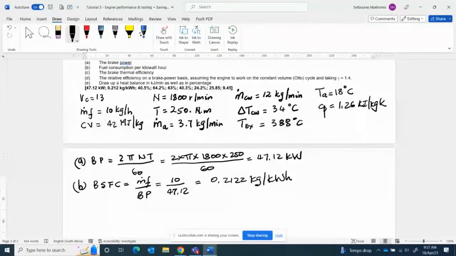So this engine needs 0.2122 kg of petrol or diesel to produce 1 kilowatt in 1 hour.